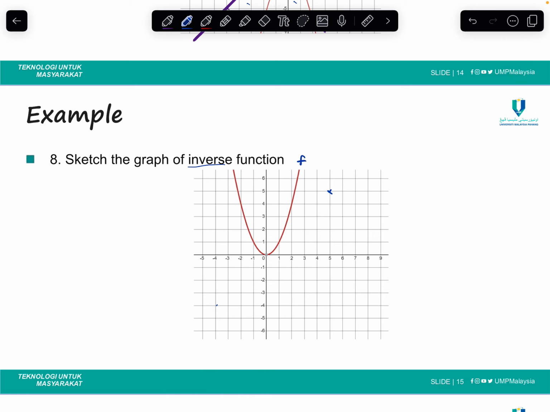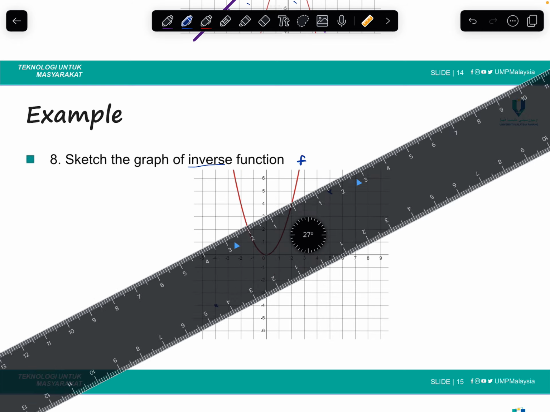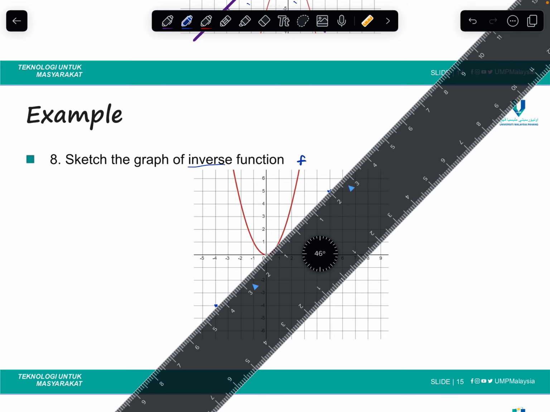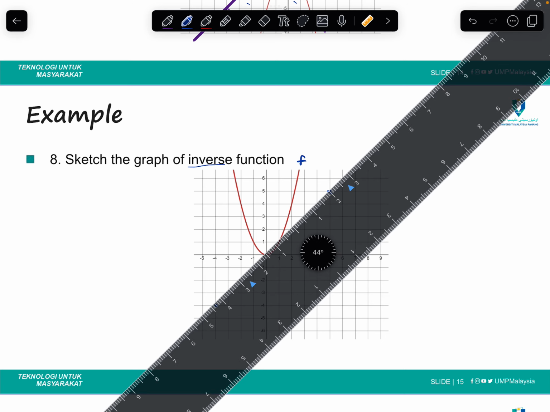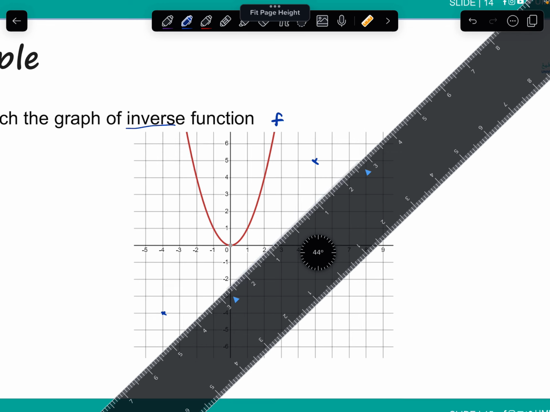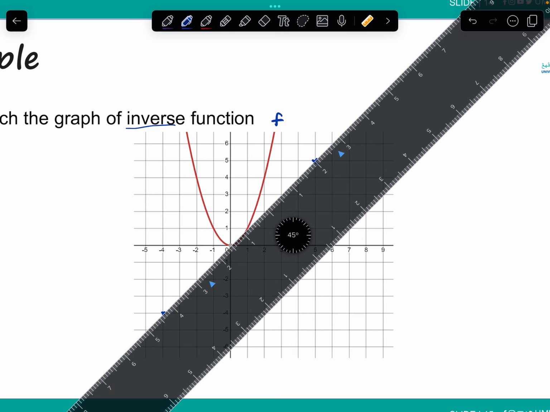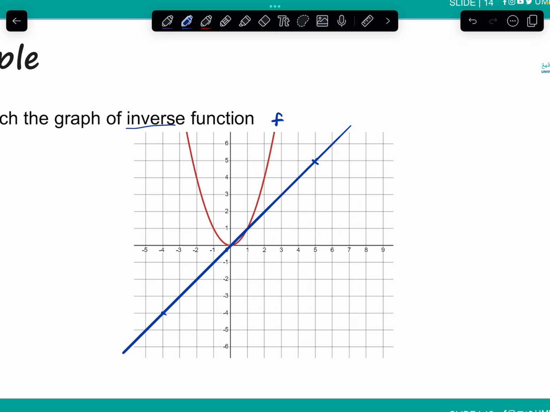Okay, take a ruler to make a straight line. Then you need to draw the reflection.